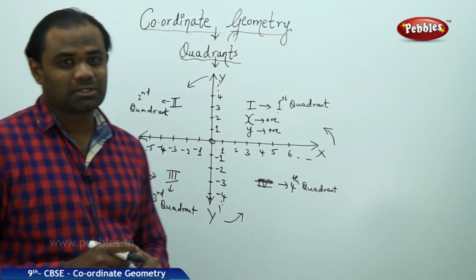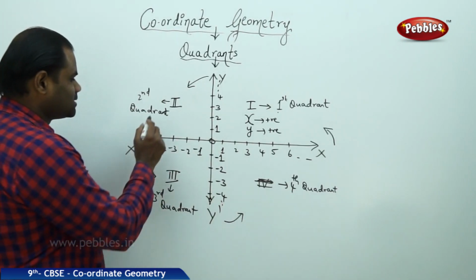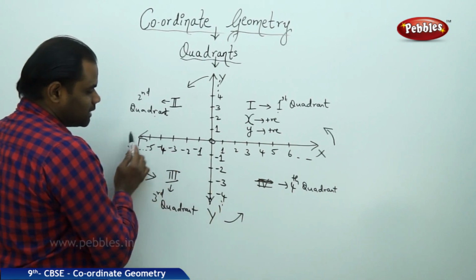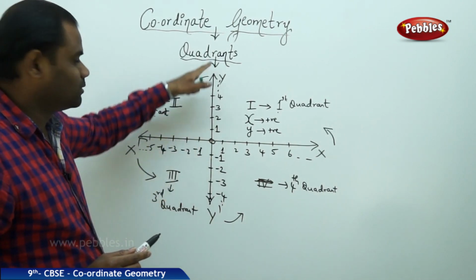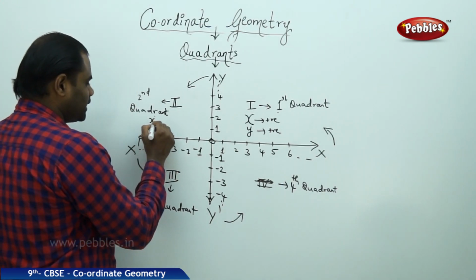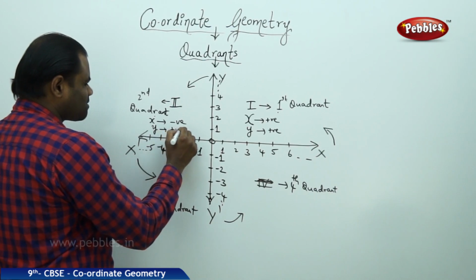Secondly, when I go to the second quadrant from the anti-clockwise direction, I clearly see that in this region I have x values which are negative and my y values which are positive. Therefore, my second quadrant, x is negative and y is positive.